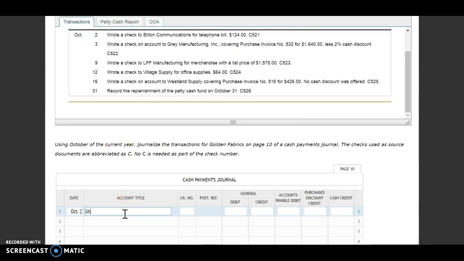So I'm going to debit my utilities expense for $124, and I'm going to credit cash for $124. Remember, when I'm in my cash payments journal, I will always have a credit to cash. If I don't have a credit to cash, that tells me I'm in my wrong journal. And then I'm going to put my check number in there. I do not put that C, so I just put 521.